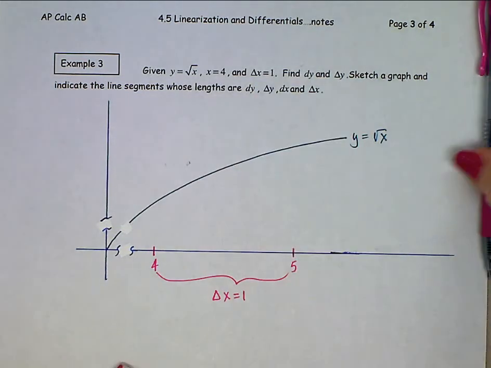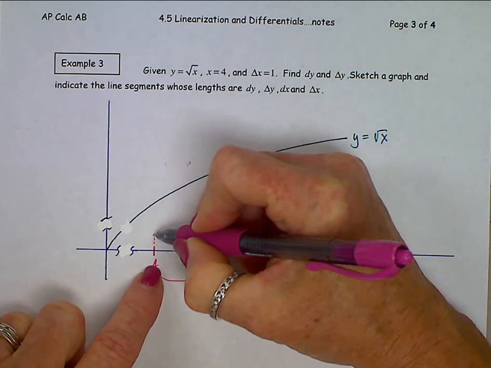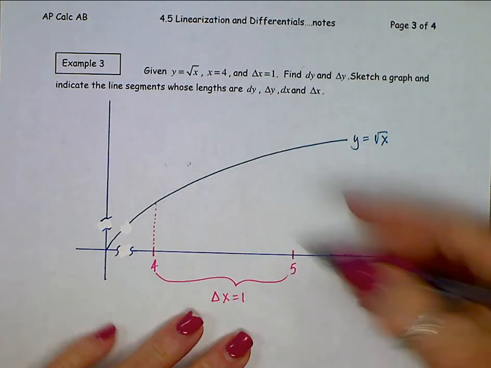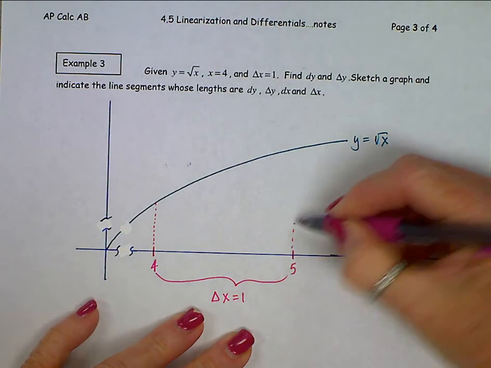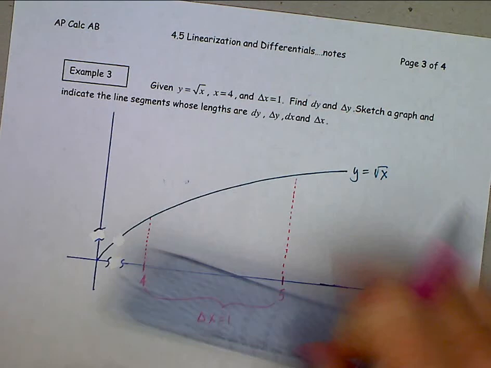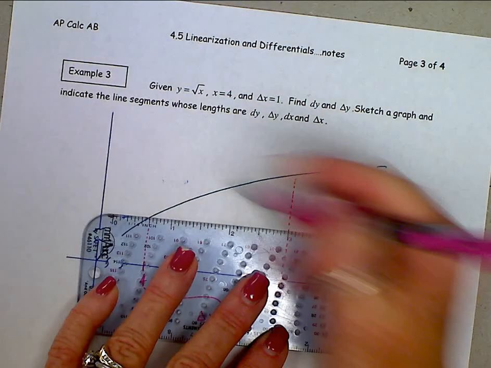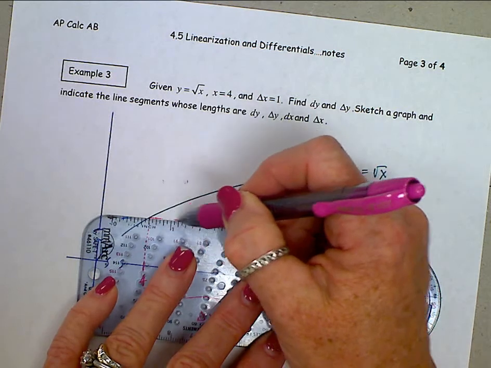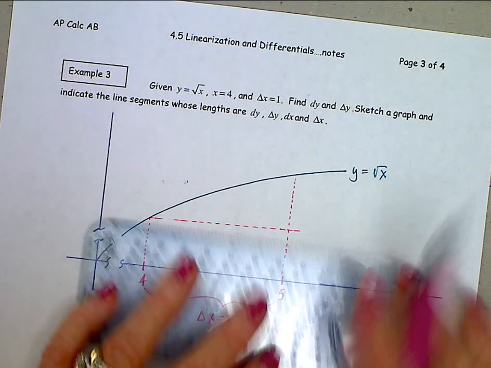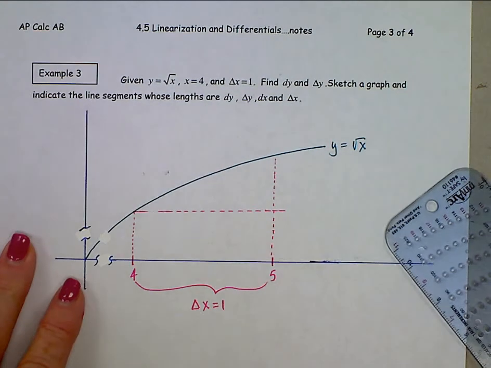All right, so now line the verticals up, and draw in the horizontal from the initial x value. At this point then you can identify what change in y is.